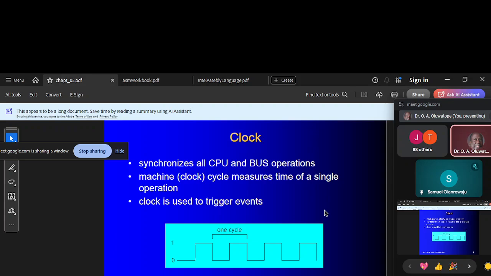So the activities of the CPU and the bus operation are synchronized based on the clock train that is generated. Clocking is very key.